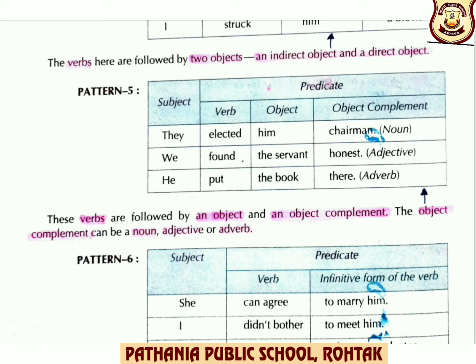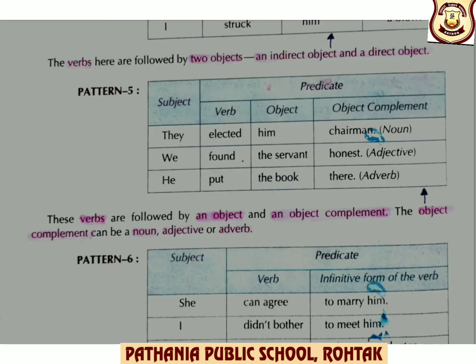So we can see object complement can be a noun, adjective or an adverb. So these verbs are followed by an object and an object complement. The object complement can be a noun, adjective or adverb.